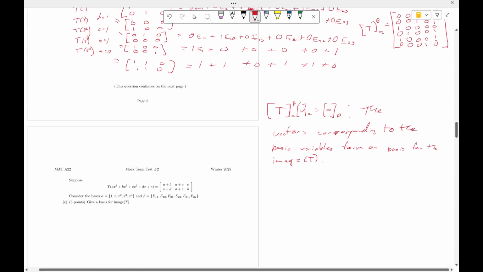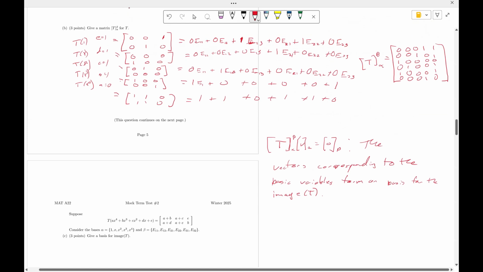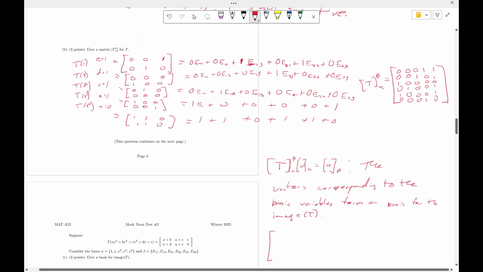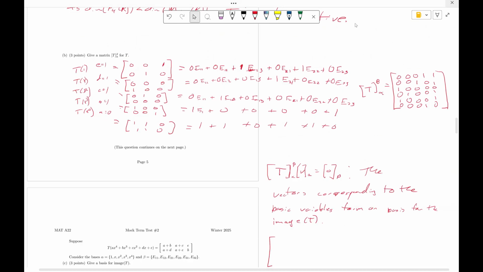So what I'm going to do is take this matrix, set it equal to 0, and figure out which scalars here are my basic variables. So if I take this matrix, I'm just going to copy it down, and because I've got a computer, I'm going to copy it nicely.